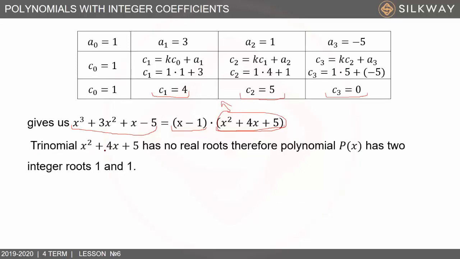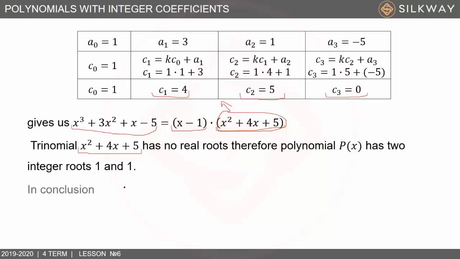Trinomial x squared plus 4x plus 5 has no real roots, therefore polynomial p of x has two integer roots, 1 and 1. Okay, if you equate this to 0 and solve, we don't have roots, okay?